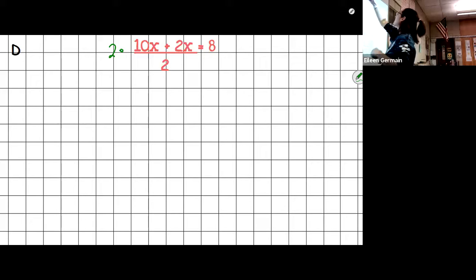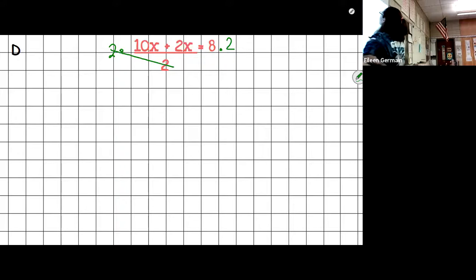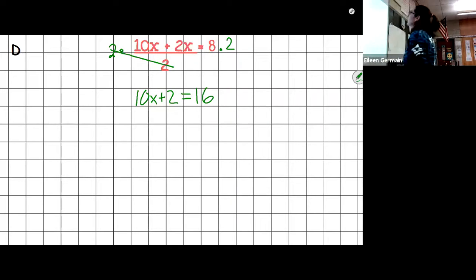So if I multiply my left side by 2, I multiply my right side by 2. And these 2's cancel out on the left side. I'm left with 10x plus 2x equals 16. Then, Connor, what did you do next?